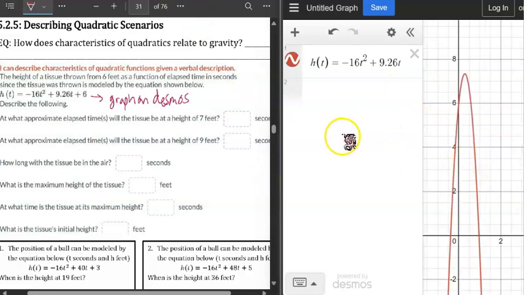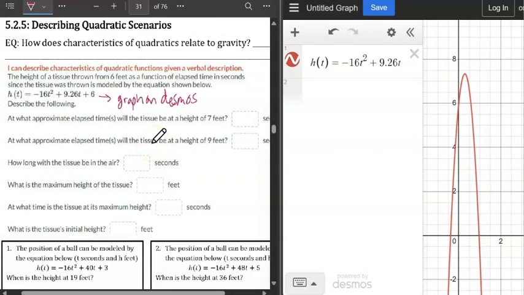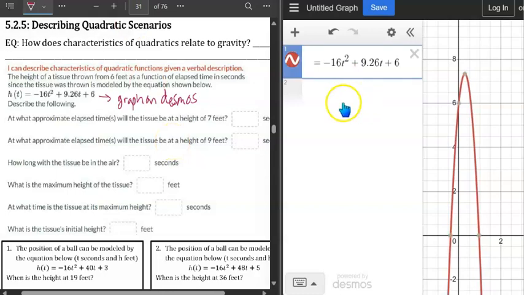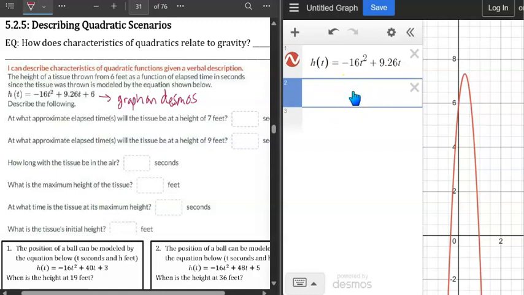All right, so we have our graph. The first thing says, at what approximate elapsed times will the tissue be at a height of 7 feet? So for this one, it says height of 7 feet. So let's go ahead and type in h of t equals 7.